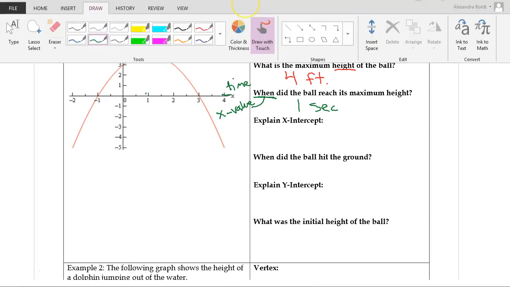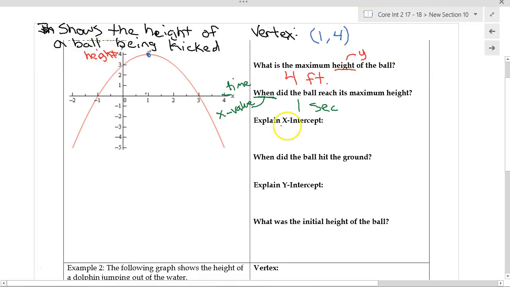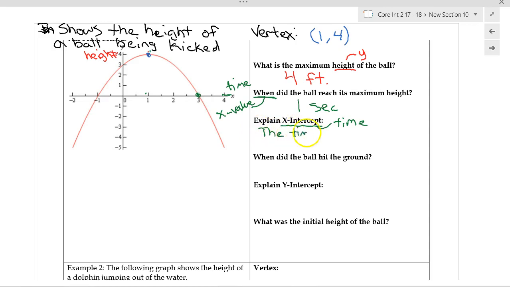Explain the x-intercept. Again, all x values have to do with time. My x-intercept, remember we talked about at the beginning of the last video? It's the time when the ball hits the ground or lands on the ground.